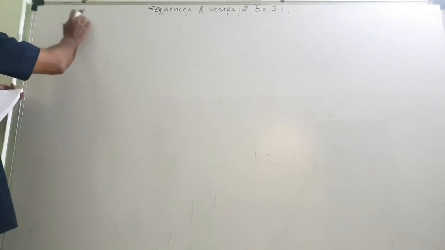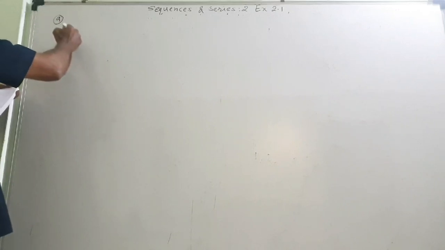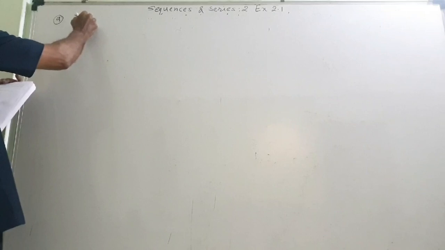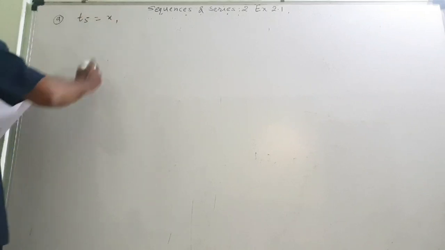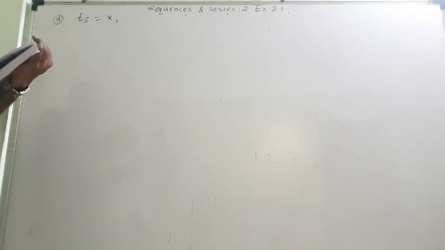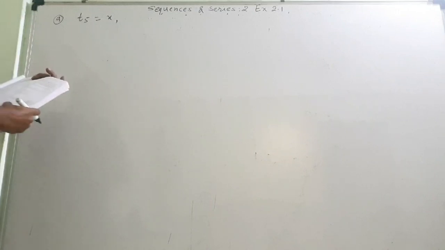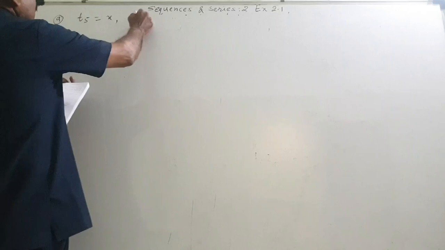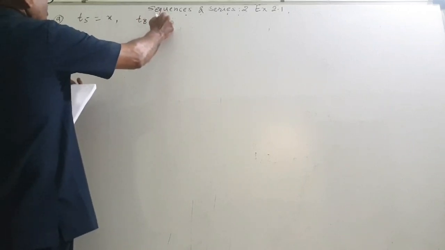Question number 9. Fifth term of a GP is x. I am writing in short, fifth term of a GP is x, means I have written T5 is equal to x. Eighth term means T8 is equal to y.